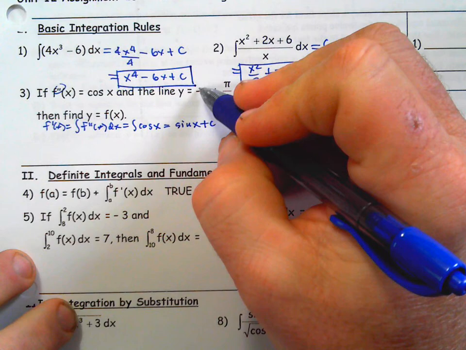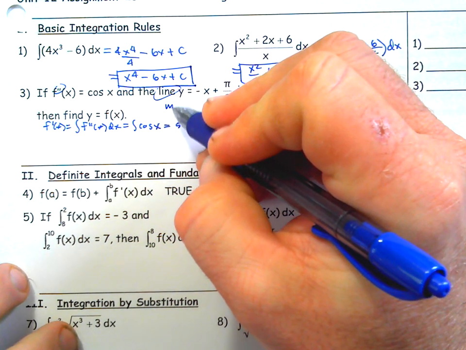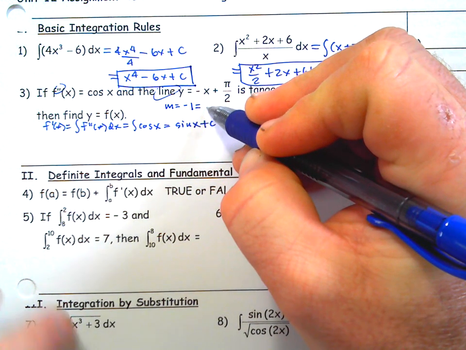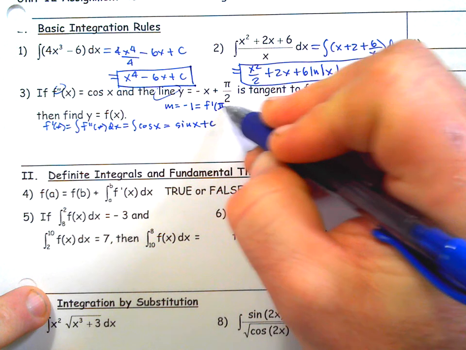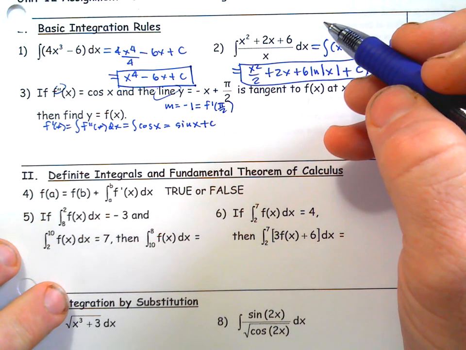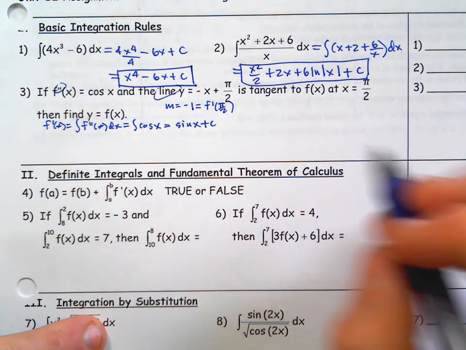Now, we need to find the c value, which means we need an initial condition for the derivative, which we have, because right here, this is a line, right? And its slope is -1, which means that's going to be equal to the slope of the graph at pi over 2 of the tangent line. The tangent line has the same slope as the curve does. So we're going to use that.